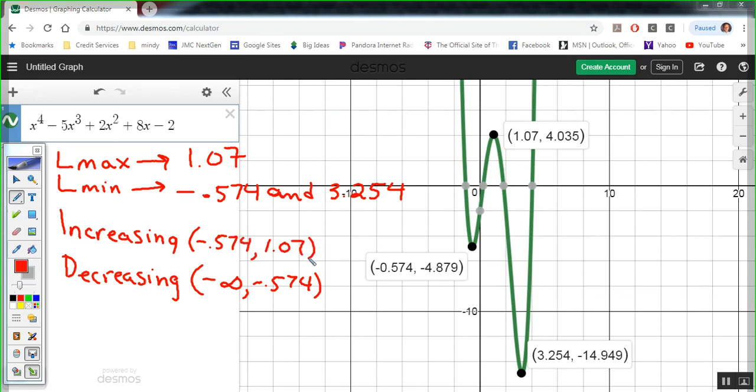It's increasing. Then what happens after 1.07? Decreases to where? So I'm going to have a decreasing from 1.07 to 3.254. Then increase from 3.254 to positive infinity.